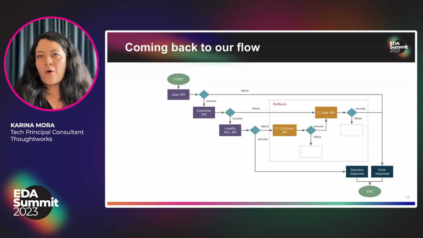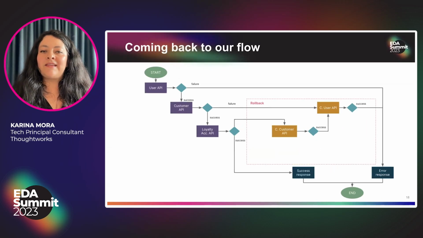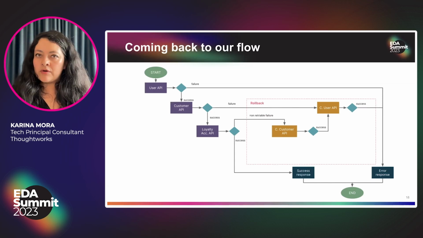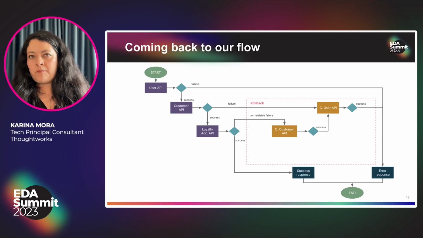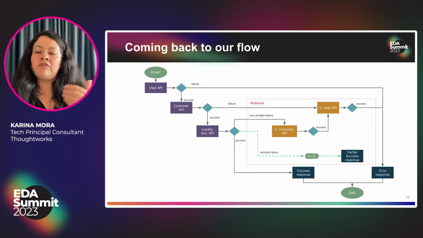Coming back to our flow, what this circuit breaker allowed us was to determine what is a non-retriable failure, in which case we will need to compensate, and what is a retriable failure, because the API, for example, did not respond on time and we get that timeout.